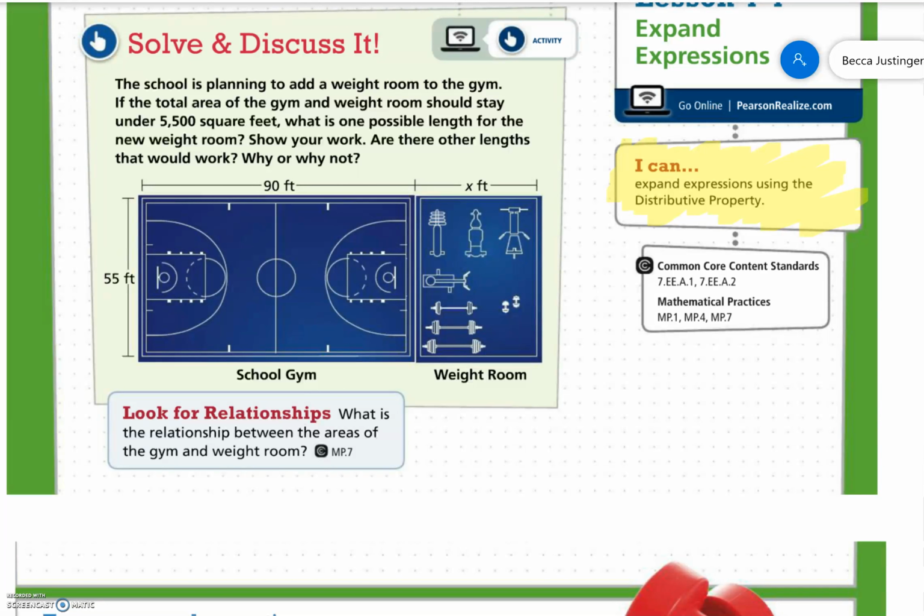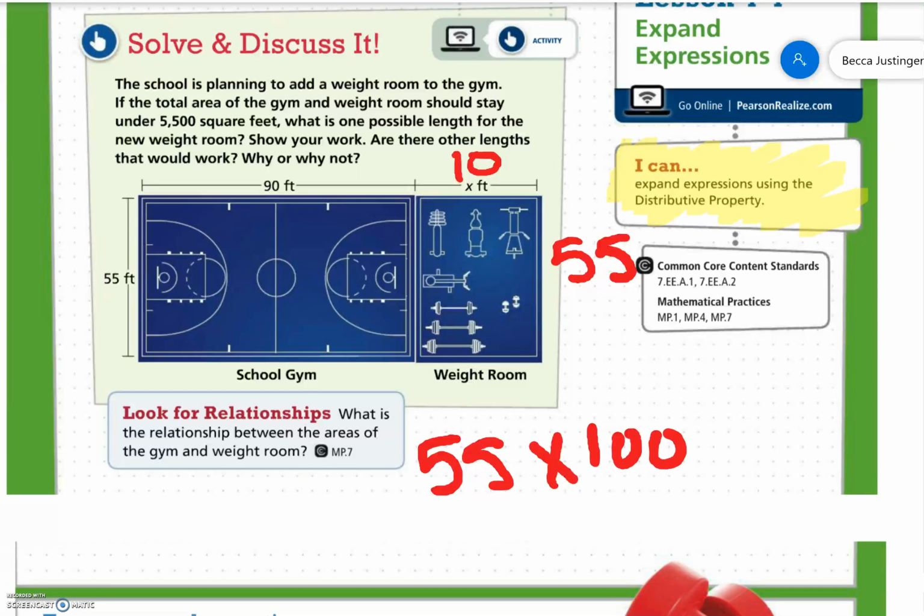So we know that the weight room has to be at least 55 inches long. But we don't know how wide it should be. So we could plug in numbers for X. Maybe we say 10. The whole gym and the weight room would be 55 feet long and 100 feet wide.